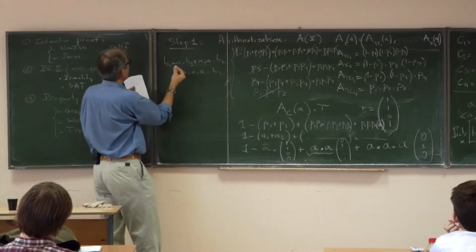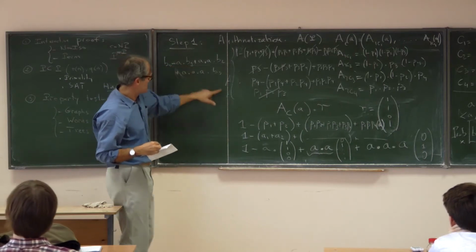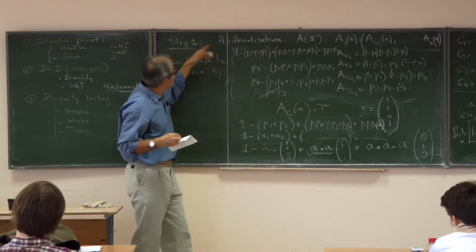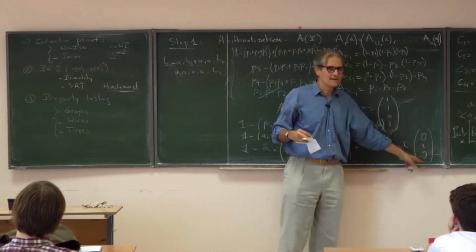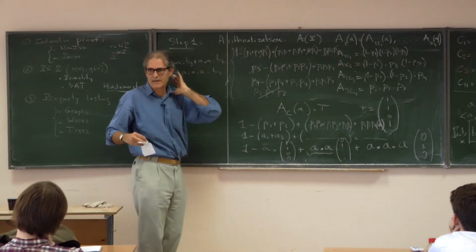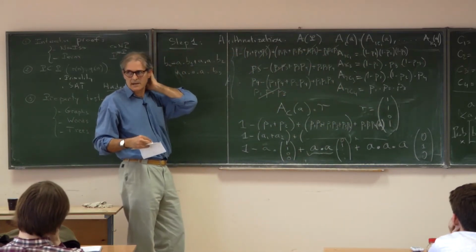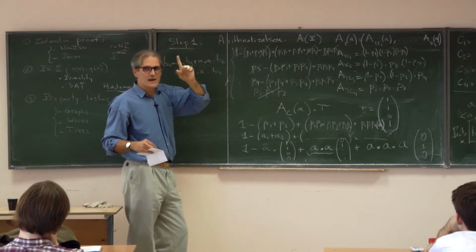B0 is a value, it's actually 1. B1 is this vector. B2 is some other vector of size 16. B3 is another vector of size 64. Is that clear?